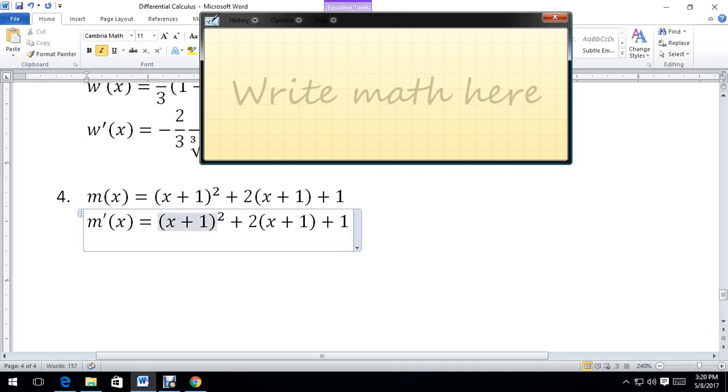Now, for this part of the expression, again, using the chain rule, we bring down 2 beside our base x plus 1. We subtract 1 from 2, so this becomes raised to 1.